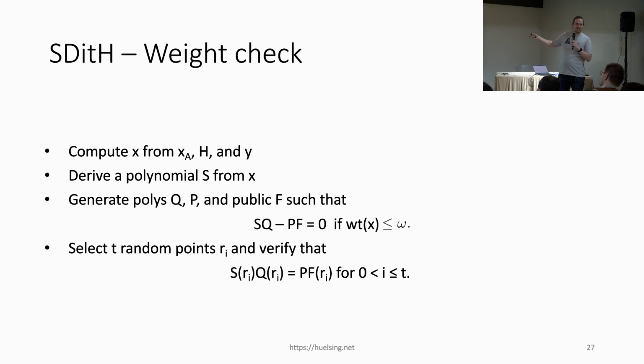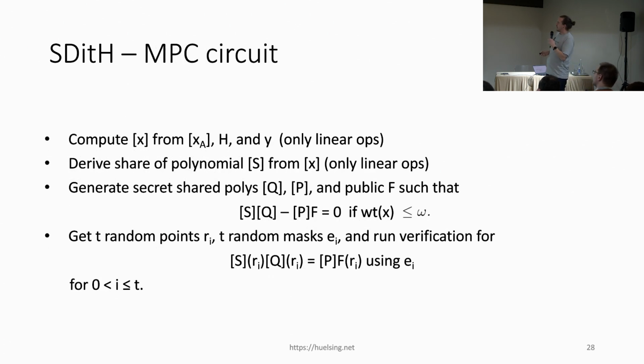You might remember we've seen this equation just before. This is exactly the multiplication of two polynomials evaluated at a public point. And so the MPC circuit looks like this. I have a secret shared xa. I have public values h and y. I compute the secret sharing of x from this. Then I generate this polynomial s in secret shared form from the secret shared x. I generate these polynomials q and p in secret shared form.